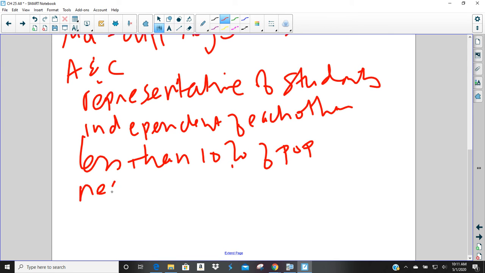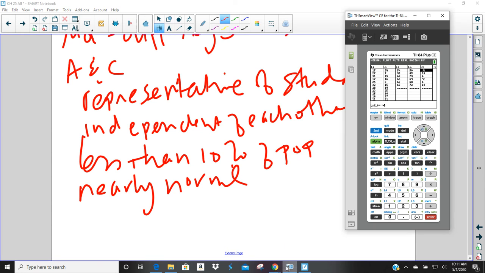The nearly normal condition, we're going to do it right now. I'm going to write nearly normal, and I'm going to write why it's nearly normal, if it is. I'm going to go to second stat plot and turn on my stat plot. I'm going to do a histogram for my L5. Yours might be L3, mine's L5. I hit graph.